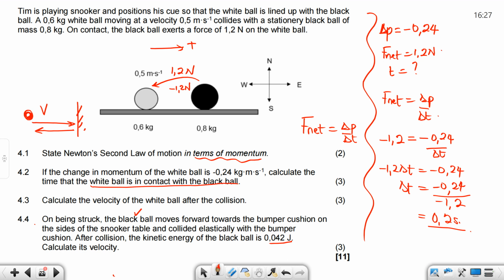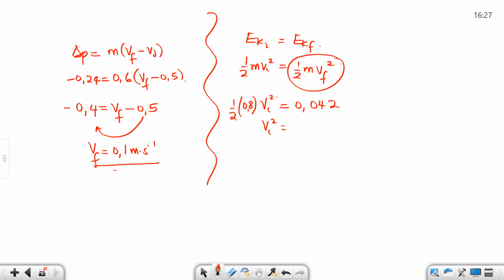We don't. And what? Collides elastically with the bumper cushion. After collision, check. So we've already removed the white ball, so we are only dealing with the black ball. After collision, the kinetic energy is 0,042. Are we okay now? Can we get an answer here?